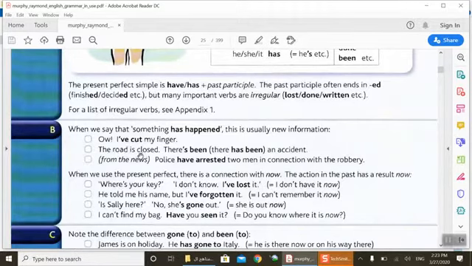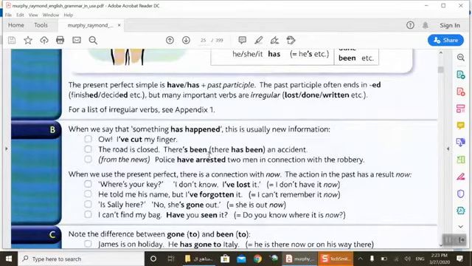The road is closed. You went on the road just now. The road is closed now, or the roads are closed now. We can't go out. For example, there has been an accident. There has been an accident.